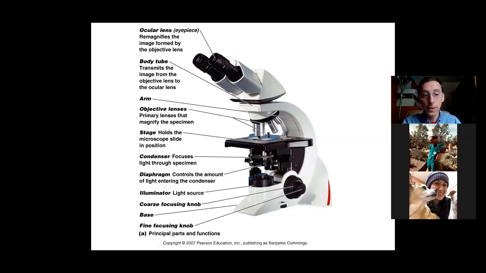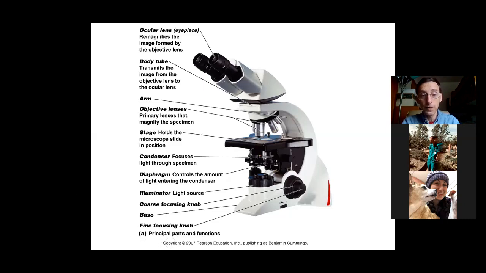When you're at low power, you should have that iris diaphragm opened up, and at higher power, you close down that iris diaphragm. Generally speaking, you want the iris diaphragm to be about the size of the field of view you're watching under the microscope.